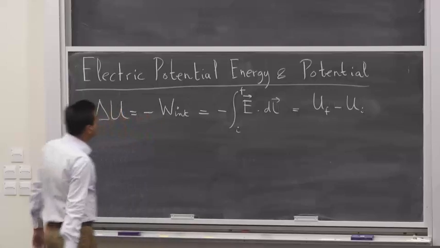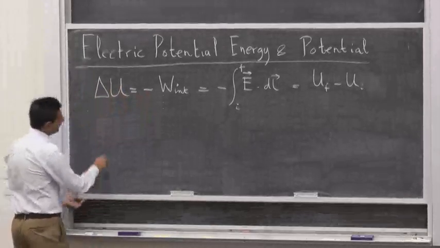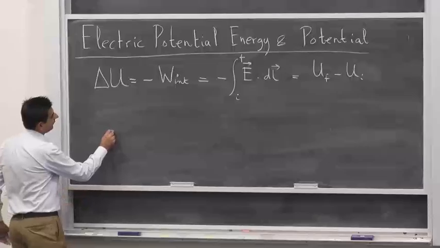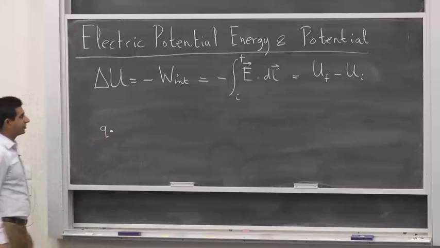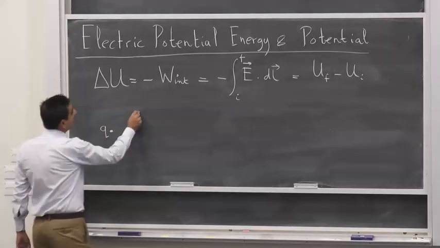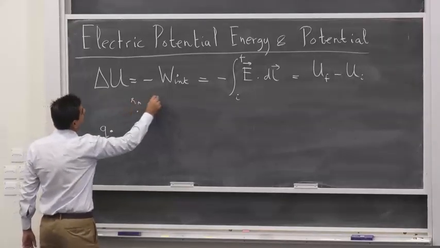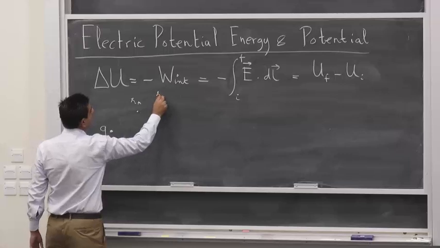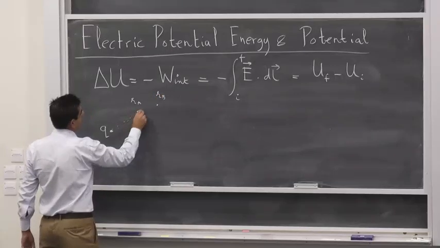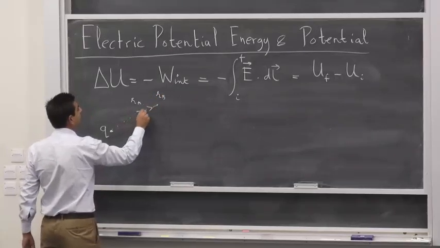And the example that we took up was of a single point charge of magnitude Q, and we went from one point RA to another point RB along some path.